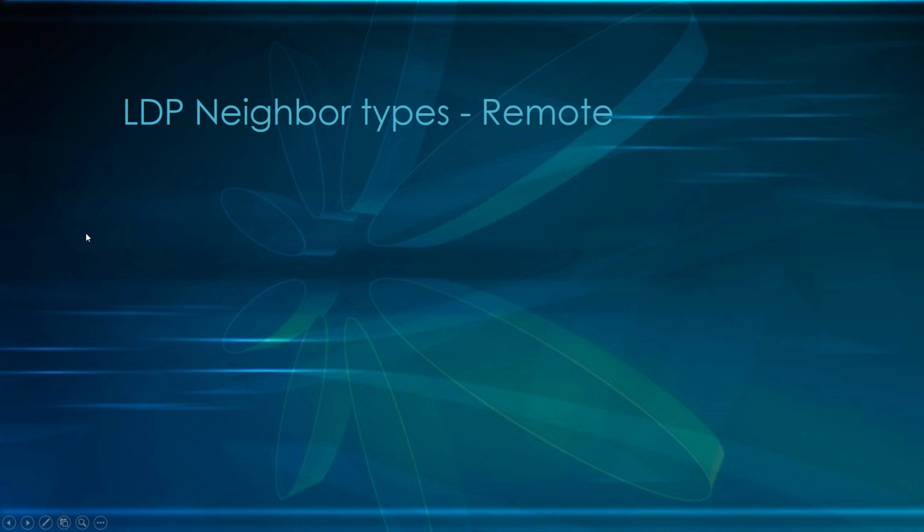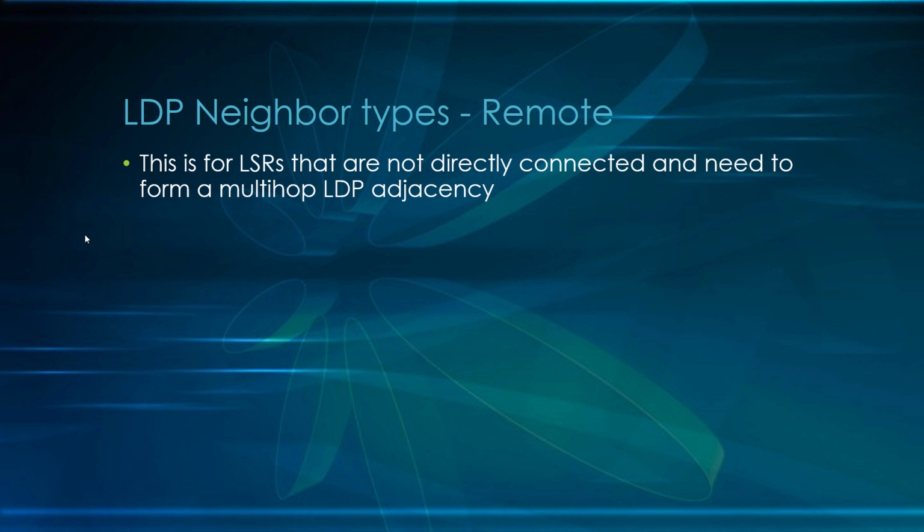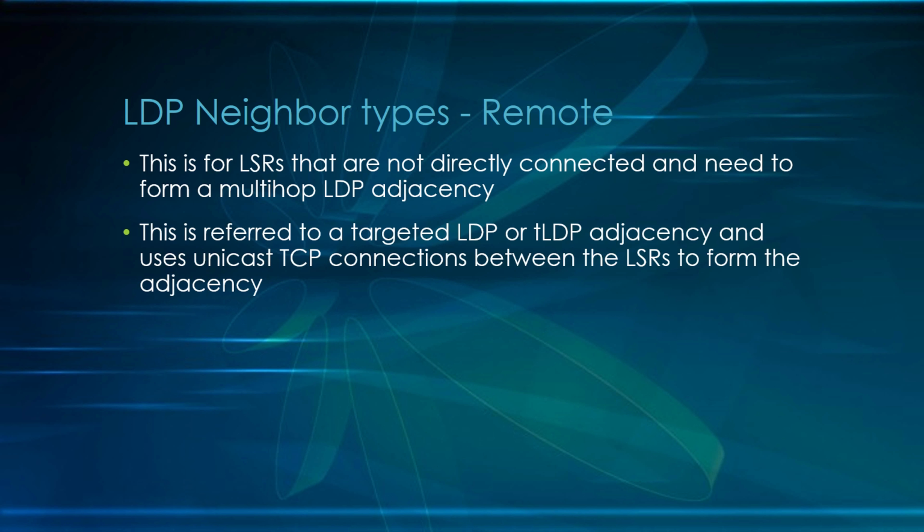Now there is a remote way of neighboring, for LSRs that are not directly connected and need to form a multi-hop LDP adjacency. This is referred to as a targeted LDP, or TLDP, adjacency, and uses unicast TCP connections between the LSRs to form the adjacency. This is typically the method used by MPLS traffic engineering.